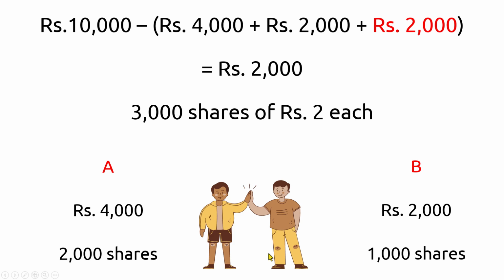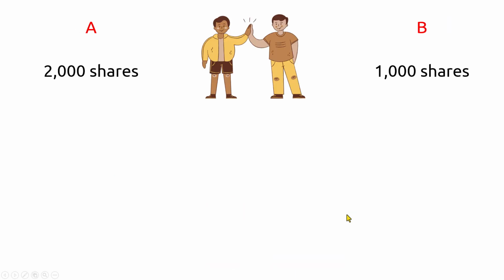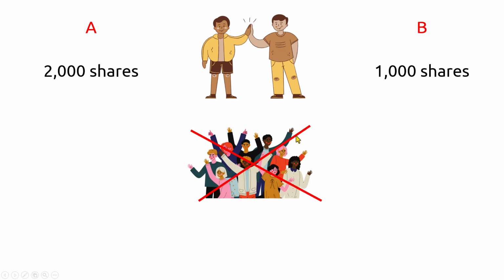So 2,000 plus 1,000 is 3,000. The entire equity is owned by the promoters now, or 100% of the shares is owned by these two promoters. They do not go for an IPO; they do not sell the shares to the public. So the public doesn't own anything.